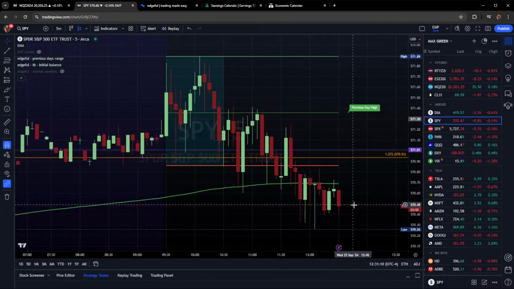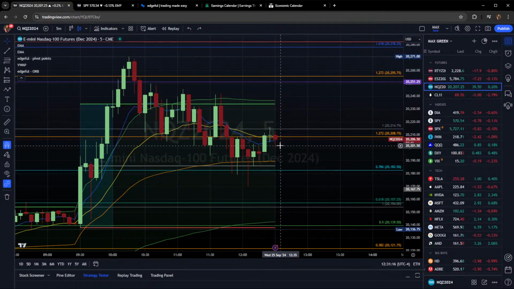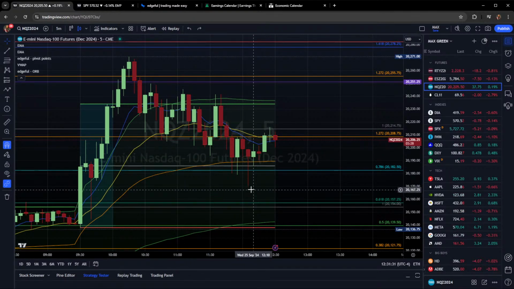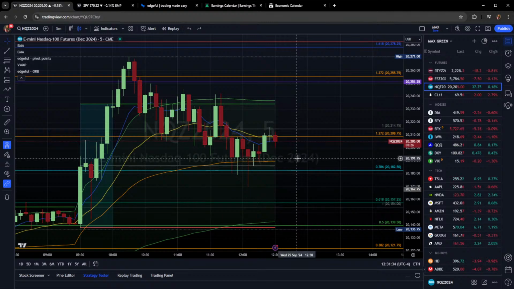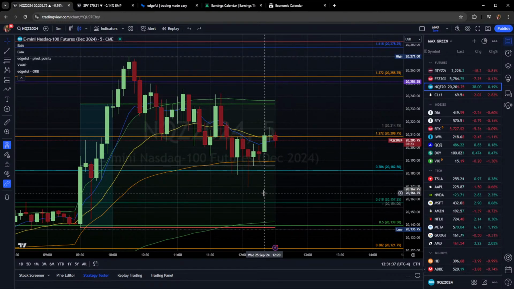SPY still looks terrible. That's the main reason why I can sit in the short without really worrying, because I've already trimmed. I've already made pretty much all my profit, right? I'm just trying to let these runners do some work for me and get down here. I have no reason to get out. Lower highs, lower highs. As long as SPY is weak, I just don't think this is going to go anywhere. So I don't want to get long.